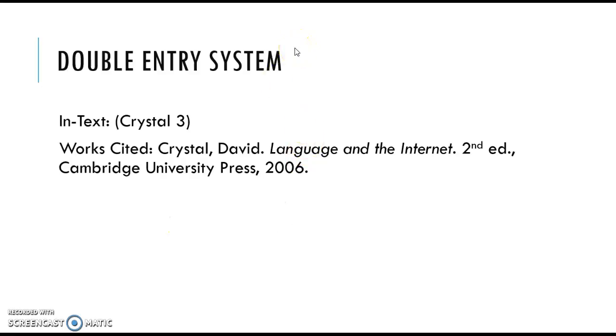So, ultimately, think about your citations as using a kind of double entry system. You have a short in-text citation at the point where you use the words or ideas in your paper, and that in-text citation basically exists then to direct your reader to the fuller, more informative citation in your works cited page.